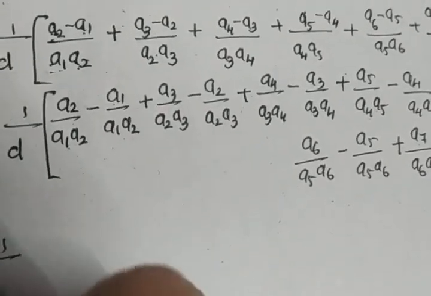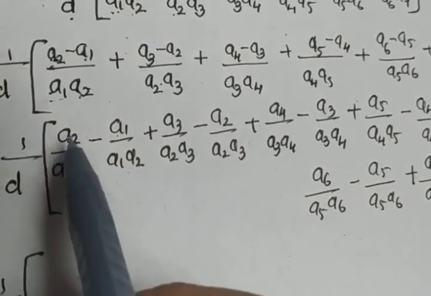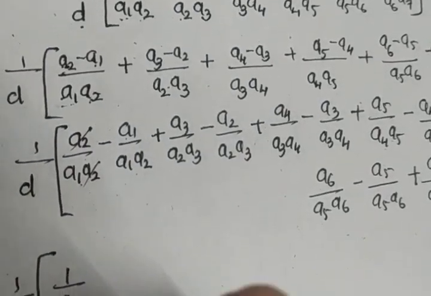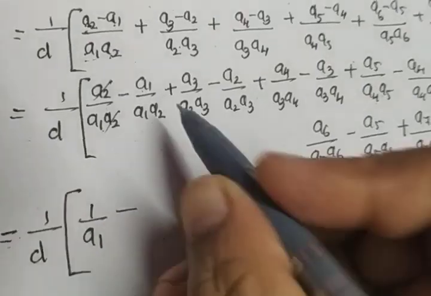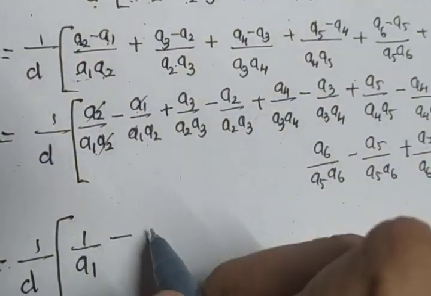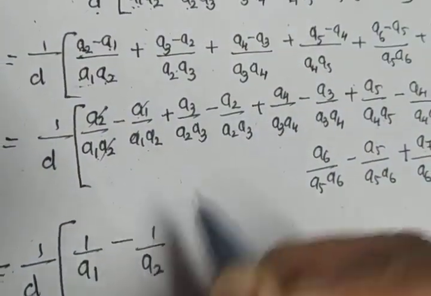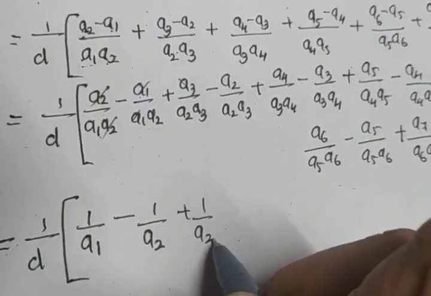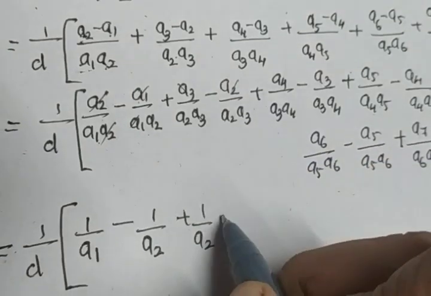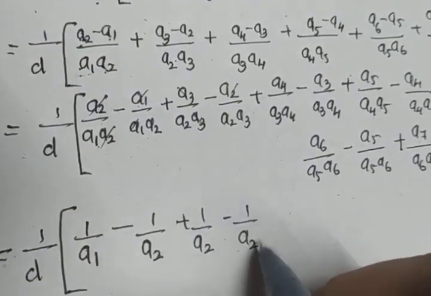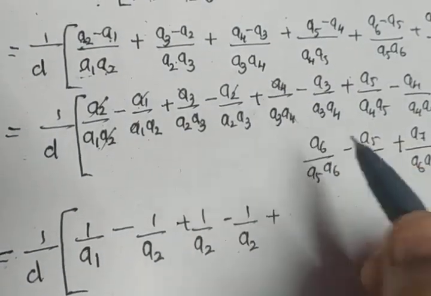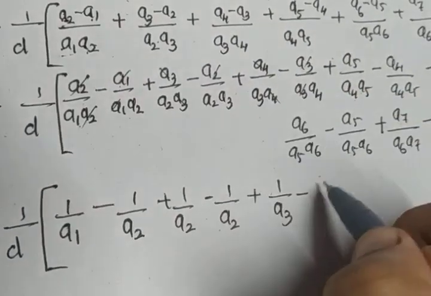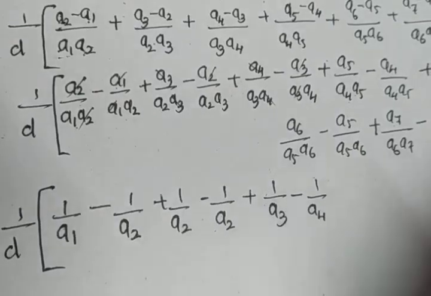Again to simplify, 1 by D into what is the term? Here A2 and A2 get cancelled, so we are getting 1 by A1, minus, here A1 and A1 get cancelled, 1 by A2. Here A3 and A3 get cancelled, plus 1 by A2. Here A2 and A2 get cancelled, minus 1 by A3. Plus here A4 and A4 get cancelled, 1 by A3. Minus here A3 and A3 get cancelled, 1 by A4.